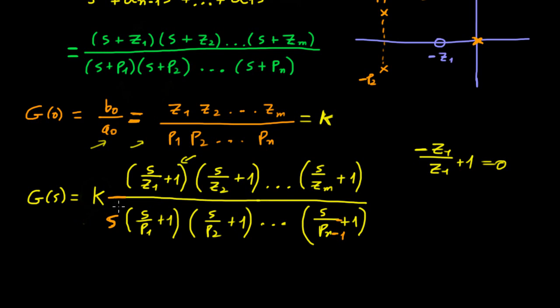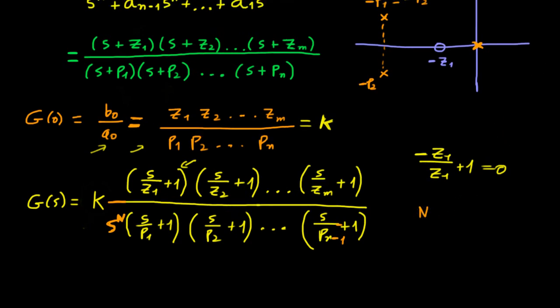Nevertheless, we still prefer this way of writing the equation, because all the terms but the integrators have still a unit gain. If there are more than one integrator, then we can put here an exponent capital N, which is the number of integrators.